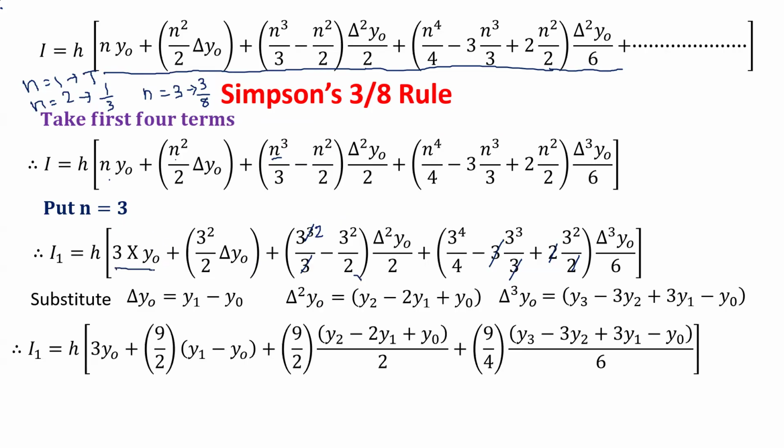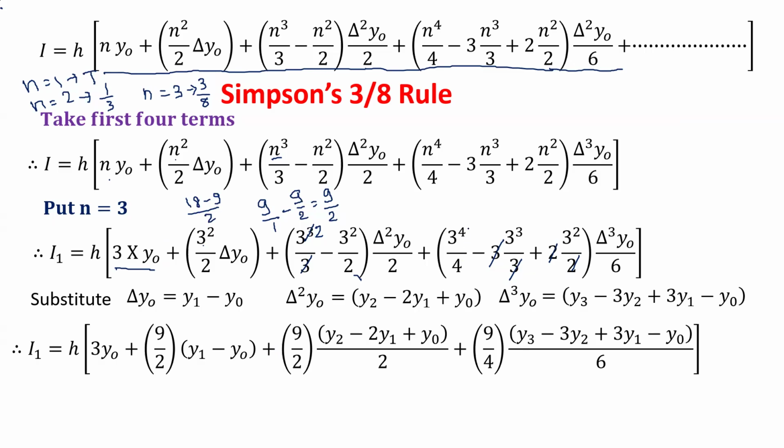and we will substitute this value of delta y naught also. Now you can see first as it is, second 3 square, 9 by 2. Then in third we actually have 3 square, which will be 9 by 1, minus 9 by 2. If we have 9 by 1 minus 9 by 2, this value comes 9 by 2. With cross multiplication, 18 minus 9 divided by 2, which will be 9 by 2.